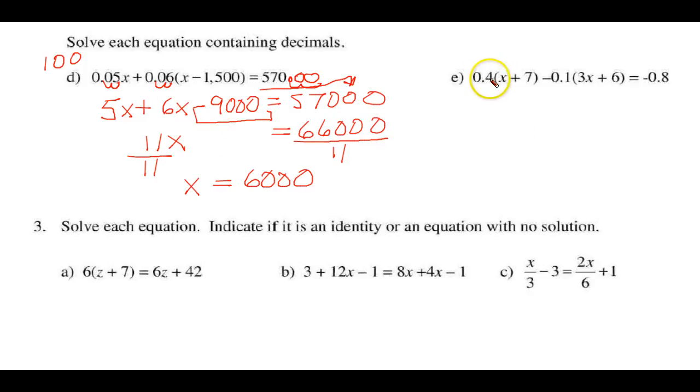Now, 1 decimal place here, 1 there, 1 there. Again, 3 terms. So we're going to multiply every term here by 10, which just moves the decimal place over 1. And let's just do that. So this is 4x plus 27.